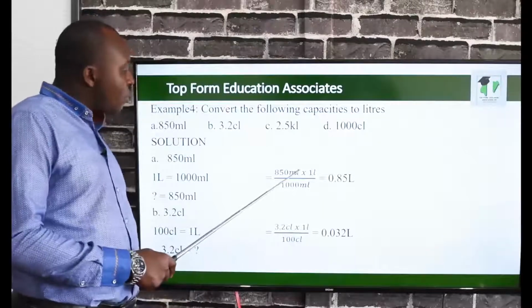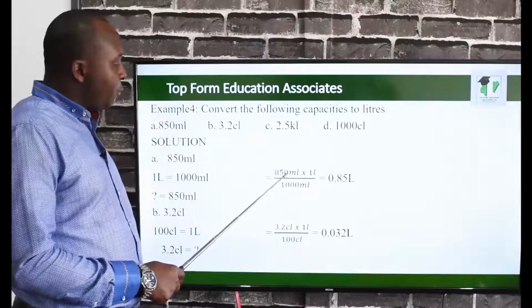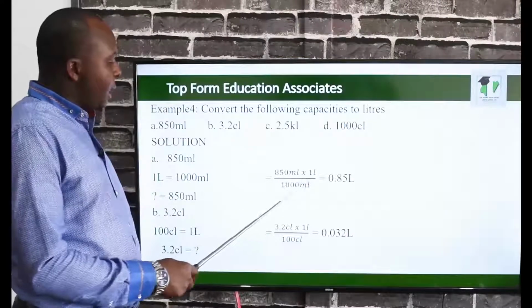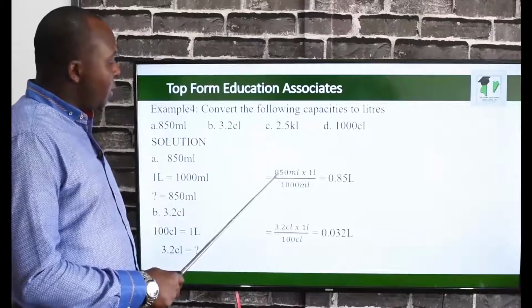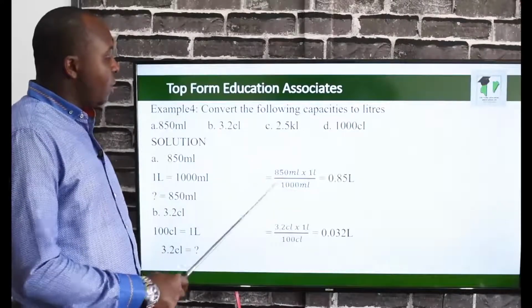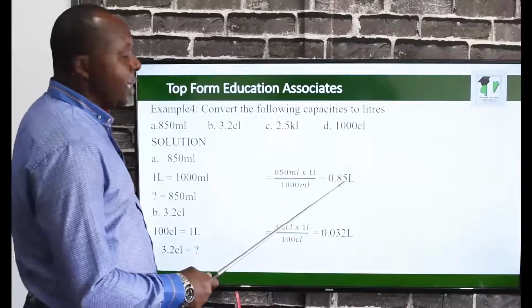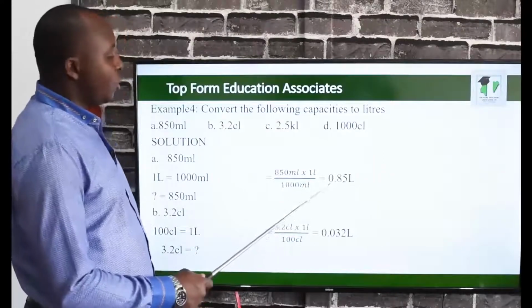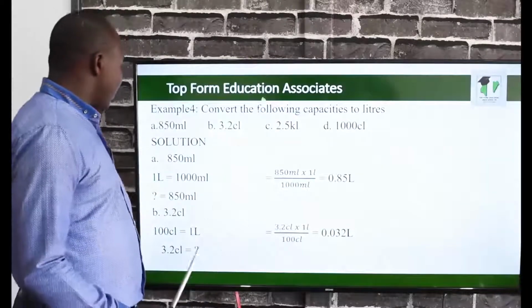So ml cancels ml. I am left with 850 times liter over 1,000. 0 cancels 0. I have 85 over 100. So 85 over 100 will give me 0.85 liters.